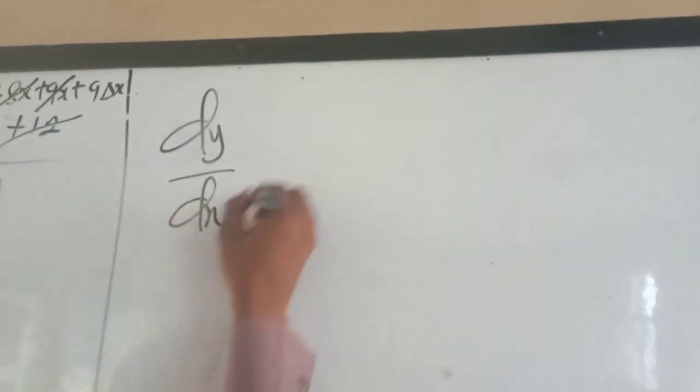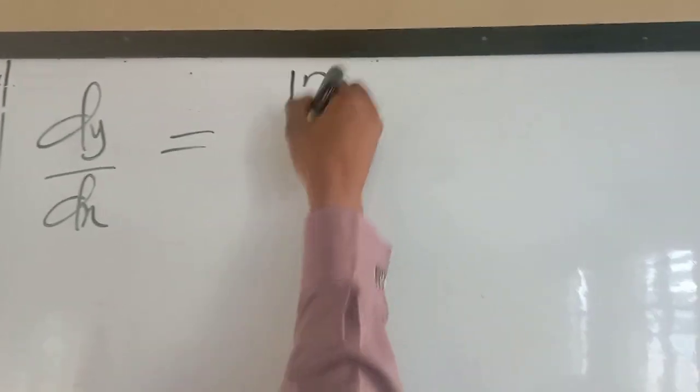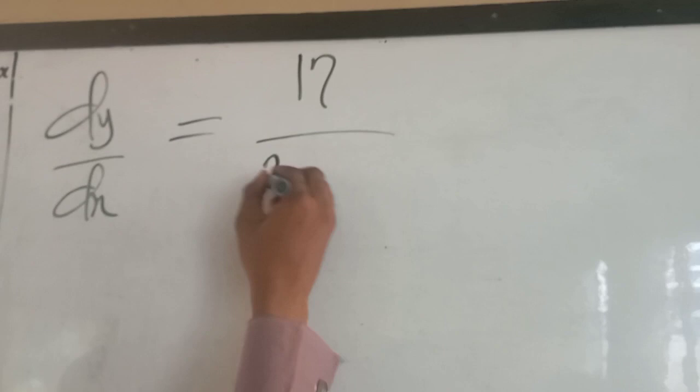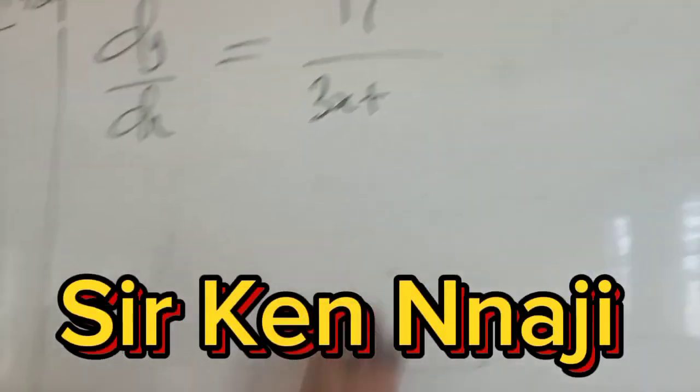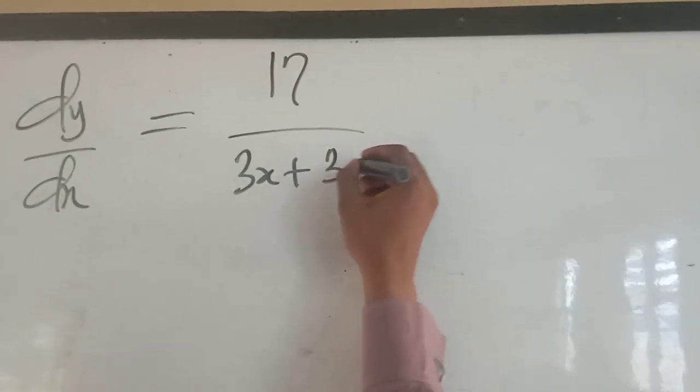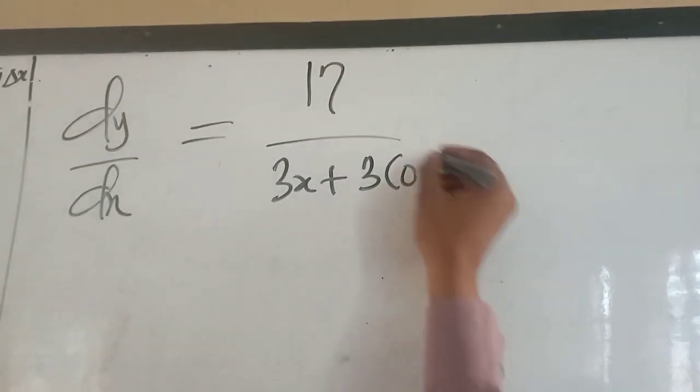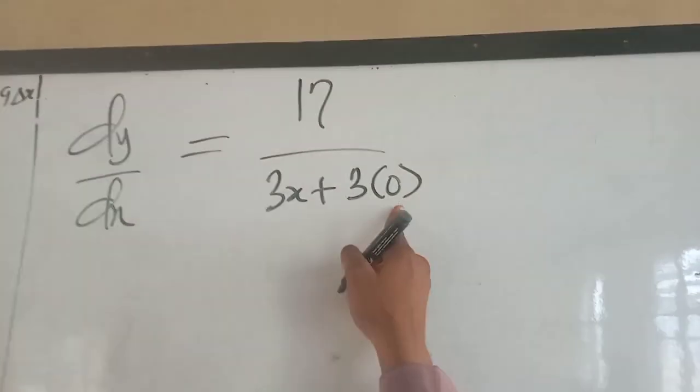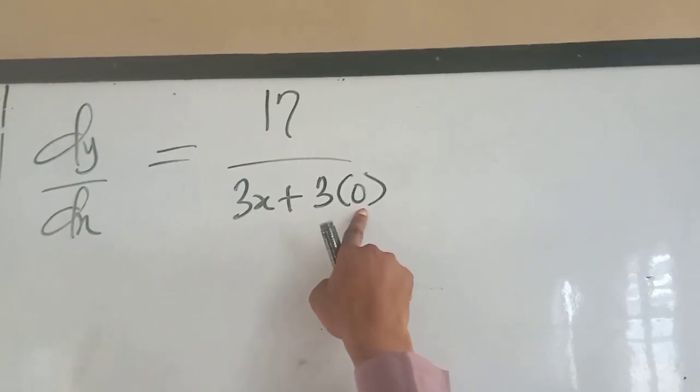So what we have now is dy dx is equal to 17 over 3x plus 3 change in x. Mind you, change in x has become 0, so there's no point writing 3 change in x because change in x has become 0.